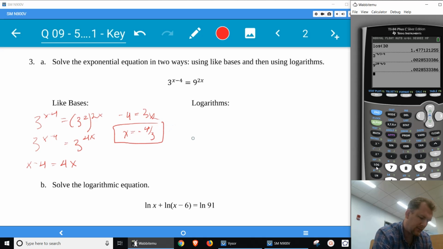Okay, now if you did it by logarithms, you would just do any logarithm you want to both sides. I suppose it would make sense to use log base 3 though, but it really doesn't matter which logarithm you use. So I'm going to use natural log because that's my favorite logarithm.